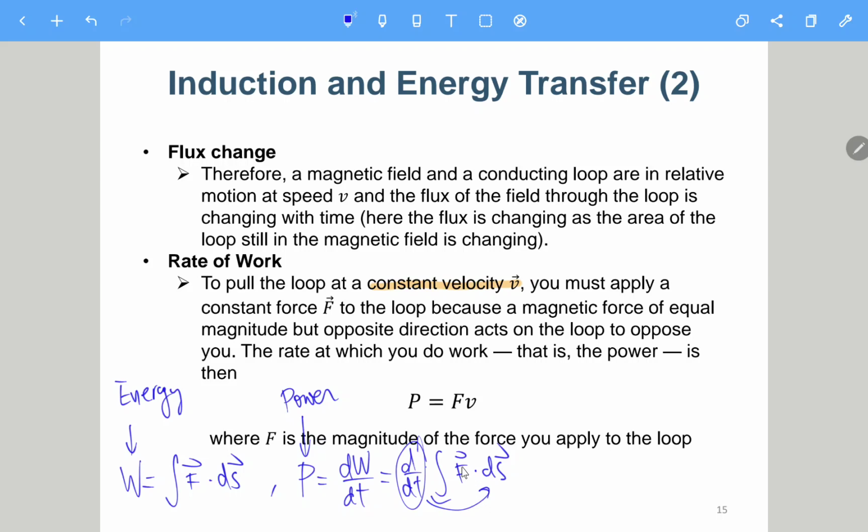As F is a constant, we can put it in like the integral of F dot ds/dt. Taking the derivative of the displacement with respect to time gives the velocity, so it becomes the integral of F dot v. So if all the things are constant, power will be F times v.